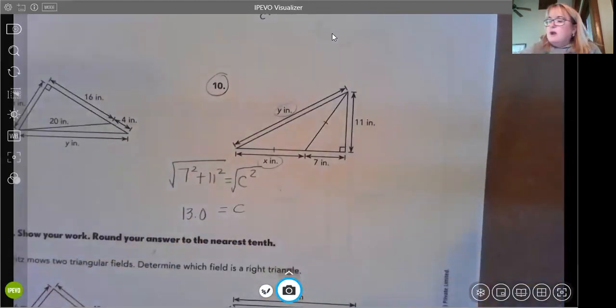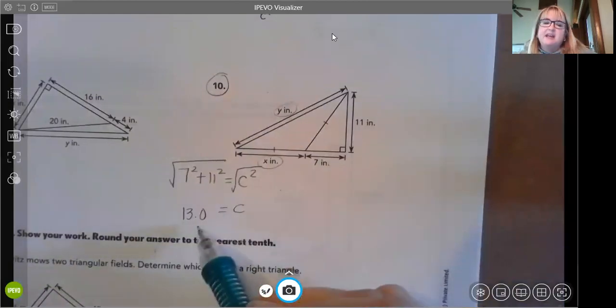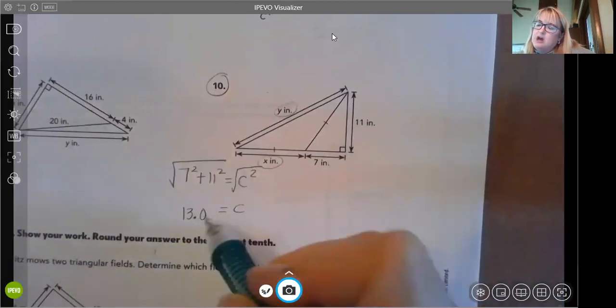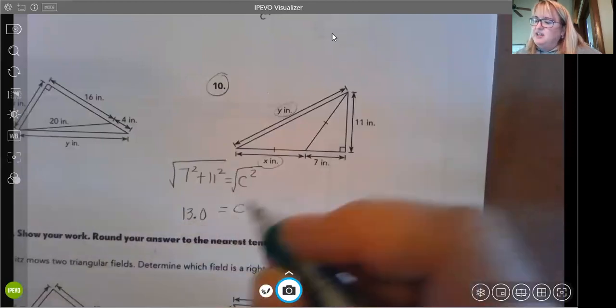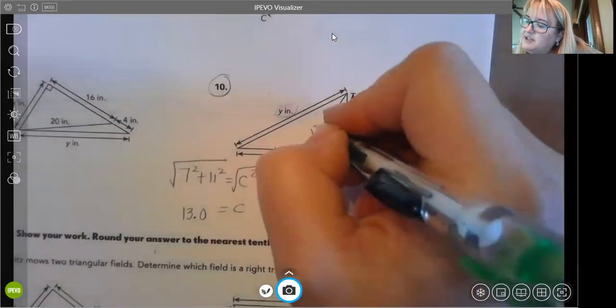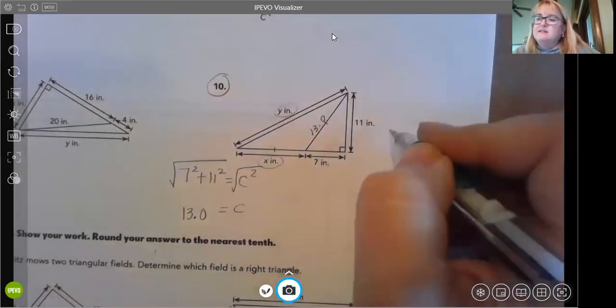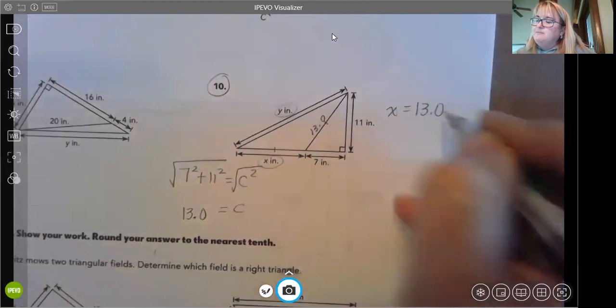I write 13.0 because that lets me know that I rounded to the tenth. All right, so I'm going to write 13.0. And so x, let me write my answer out here, is 13.0.